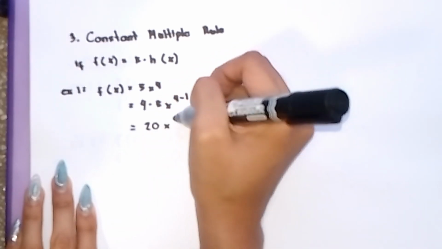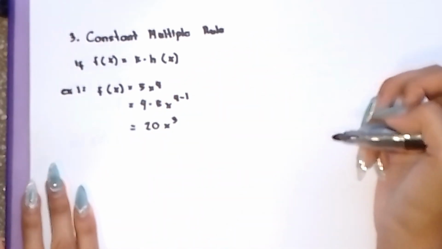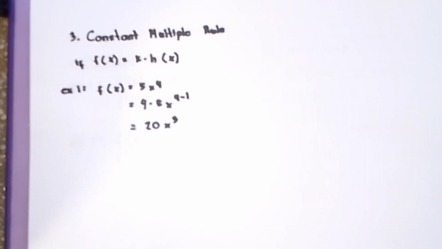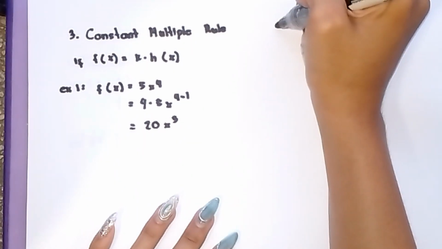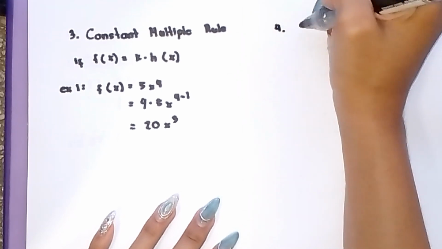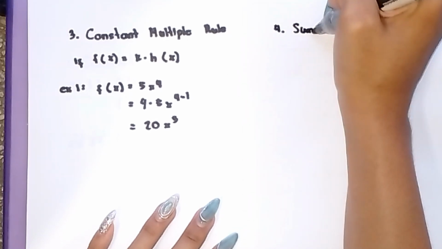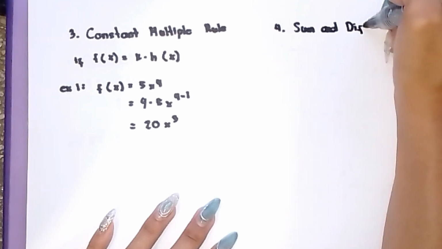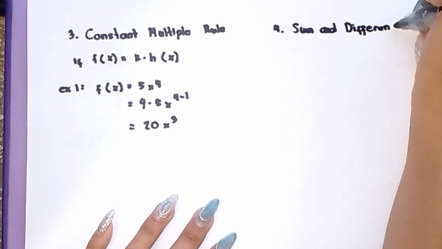So 4 times 5, x raised to 4. Follow the second rule, which is the power rule. So 4 minus 1, equals 4 times 5, 20, x, 4 minus 1, 3. So your final answer is 20x raised to 3.